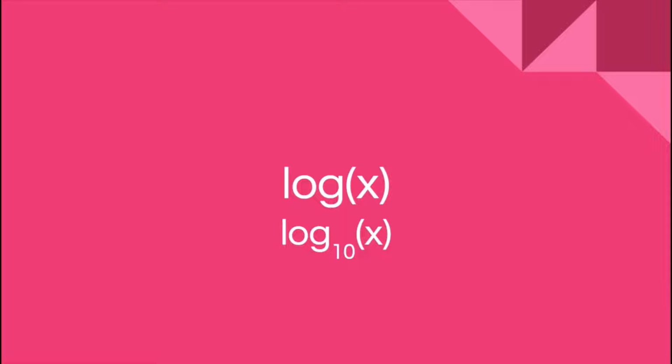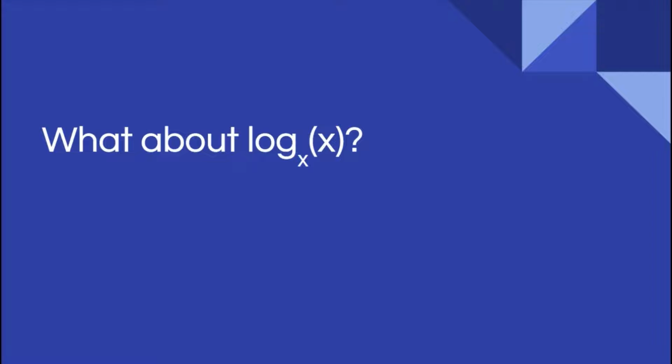I'll get to changing logs soon, but first I need to cover something so that we can move on to laws of logarithms. What happens if we have log to the base x of x? Well, based on what we know about logarithms, this is saying what power do I need to put x to get x? The answer should fairly obviously be 1, as x to the power of 1 is x.